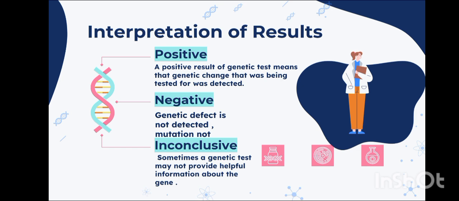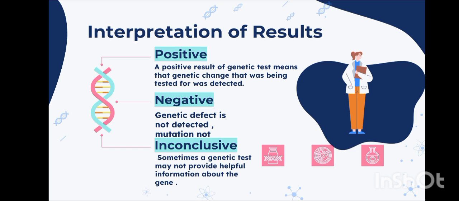Next is interpretation of results. There are three types of results: positive, negative, or inconclusive. A positive result of a genetic test means the genetic change that was being tested for was detected. So positive is where the genetic mutation or abnormality is detected.